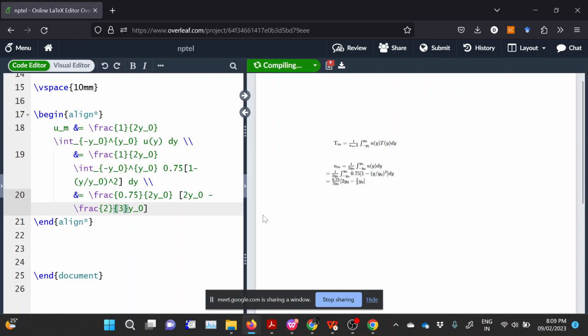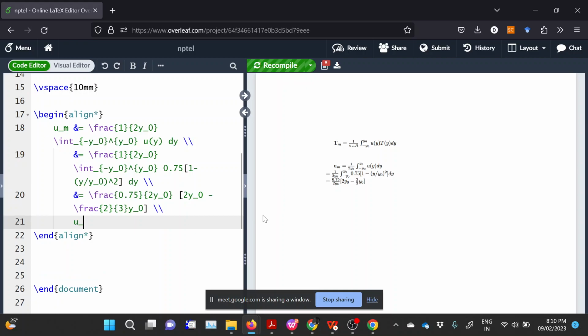So now if you simplify this, y naught and y naught cancel out, and 2 minus 2/3 is actually 6 minus 2, 4 by 3. And so 2 and 4 would cancel out, give us 2 in the numerator, and this would ultimately be 0.5. So ultimately u is equal to 0.5 meters per second.